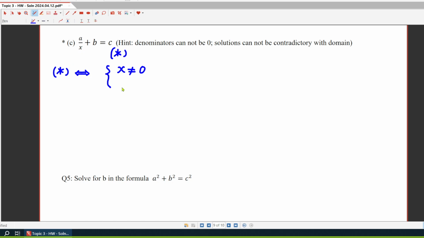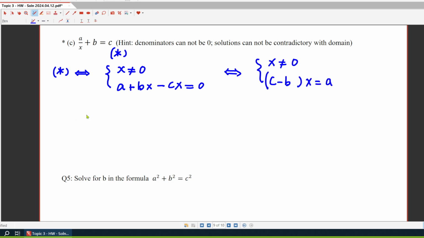And then if x is not 0, we have a plus bx minus cx is 0, right? Which is equivalent to say, first x is not 0, and then c minus b times x equals a, right? Therefore, you need to do some casework.